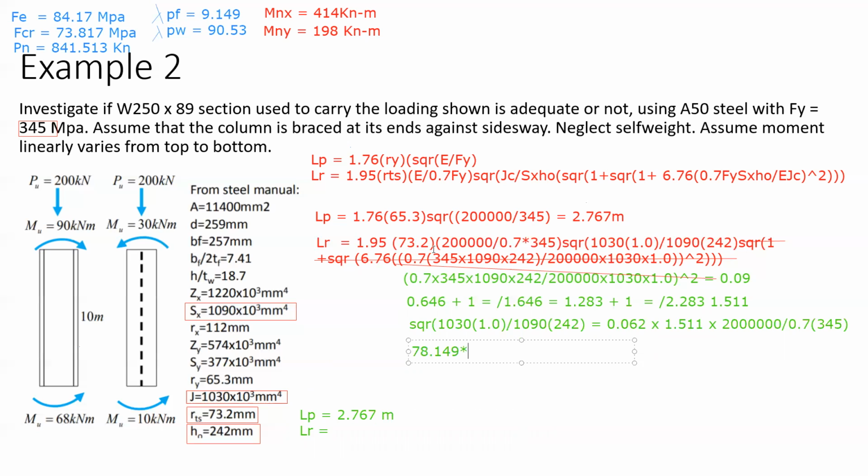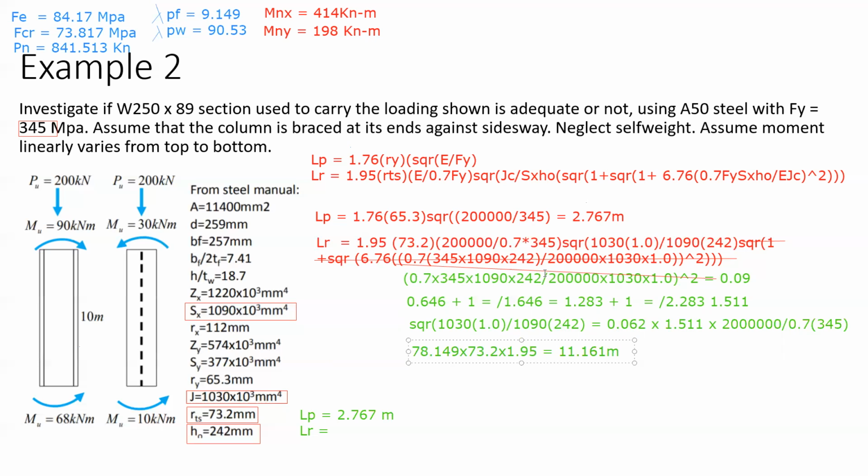RTS. And then, lastly, yung initial multiplier natin na 1.95. So, ilan to? Bali po, 11.161 meters. Ayan, ang haba, no?